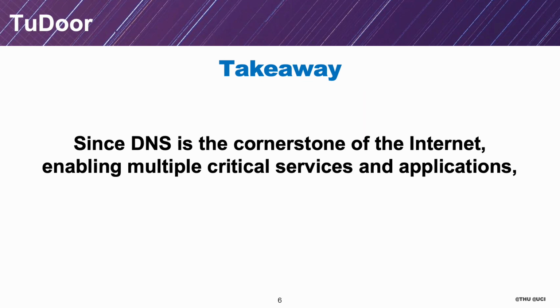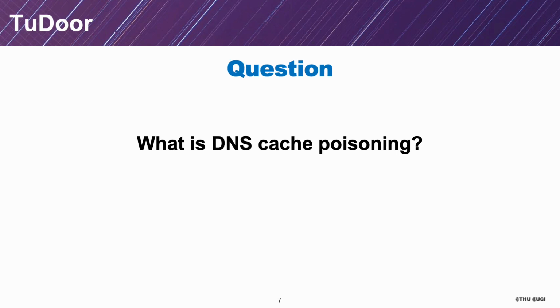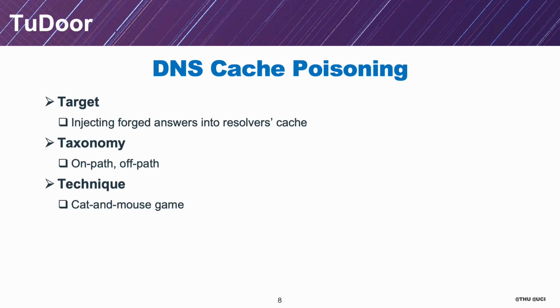So, since DNS is the cornerstone of the internet enabling multiple critical services and applications, attackers have long been trying to manipulate its responses for hijacking, such as cache poisoning attacks. So what is DNS cache poisoning? Because DNS is primarily over UDP, attackers want to inject forged answers into the resolver's cache.